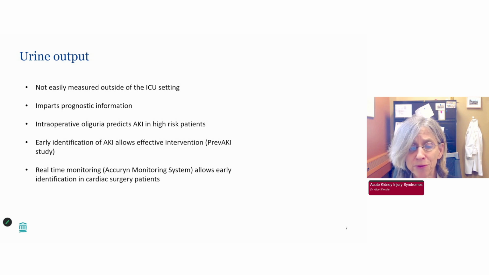This was a randomized single-center trial, including about 1,000 patients undergoing cardiac surgery, that identified high-risk patients using selected biomarkers. What they found was that a bundle of interventions, including optimization of the volume status and hemodynamics, avoidance of nephrotoxic drugs, and the prevention of hyperglycemia, reduced the incidence and severity of AKI.